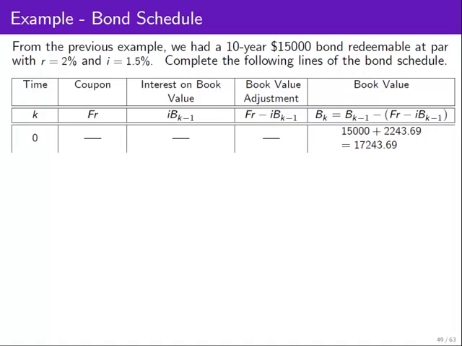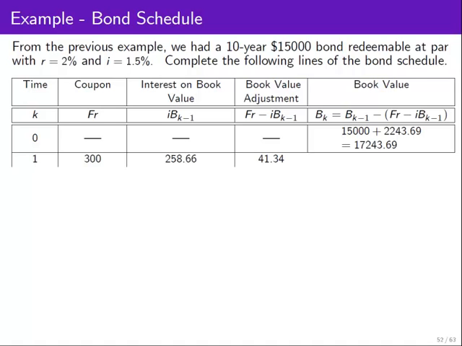So in this example, at time 0, the book value of the bond is actually the purchase price, which is the redemption value of $15,000 plus the premium amount paid, so $17,243.69. Then, after one coupon payment of $300 is made, the interest on the book value is I times the purchase price, which gives us $258.66.